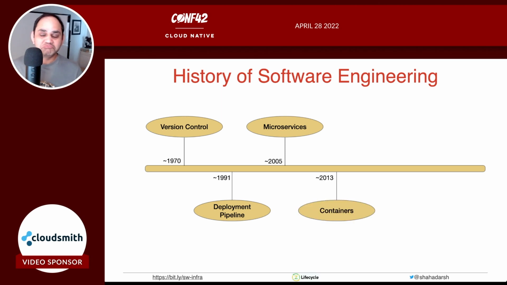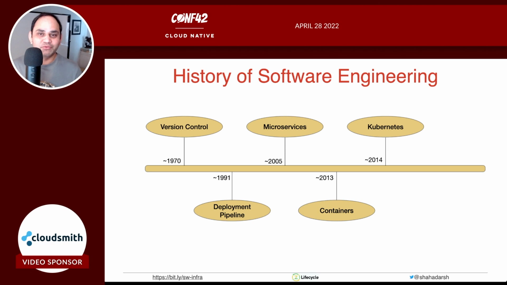Then around 2013-ish, we started using containers. We'll look into that and how that helped software engineering, and then how that can be applied to managing infrastructure. From there on, Kubernetes is what became the de facto orchestration engine.